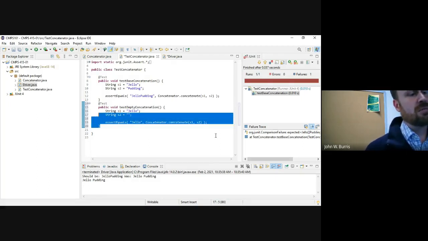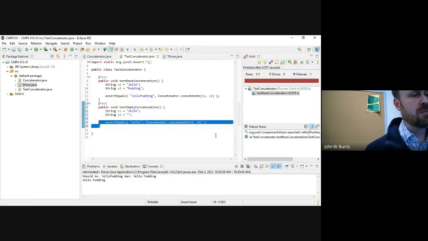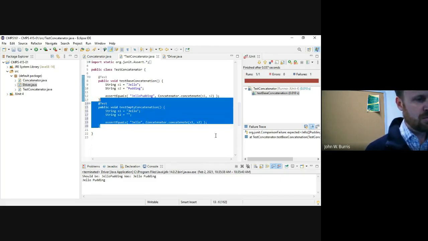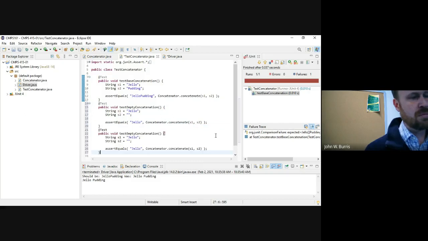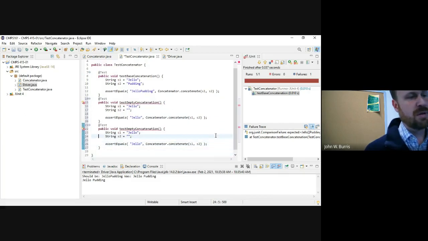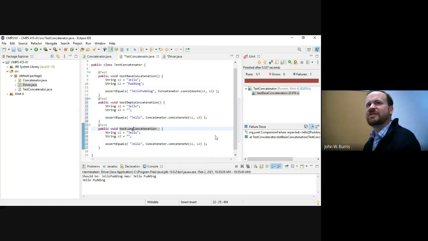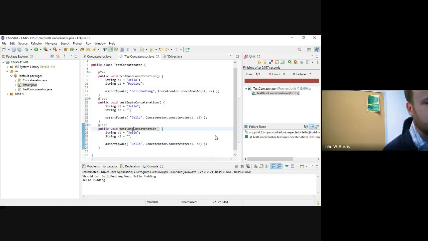You can have another one. You know, all of these different test cases that do different things, and it'll run them each as a suite.